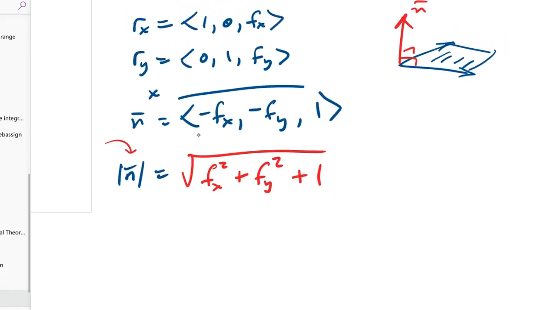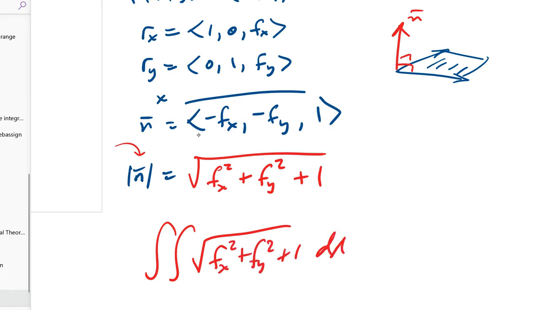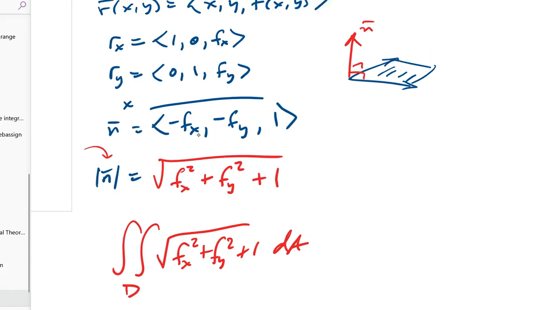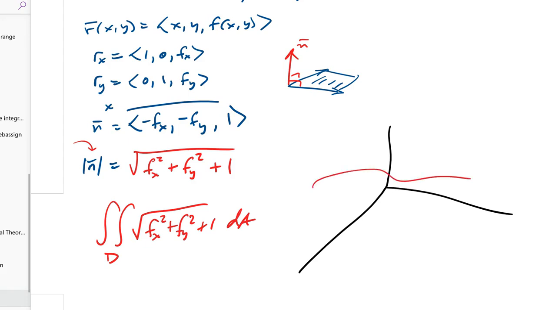And so we add all these up, and we get the integral of the square root of f sub x squared plus f sub y squared plus 1 dA over D. Remember, you have your surface over something like this, and you want to find the area.